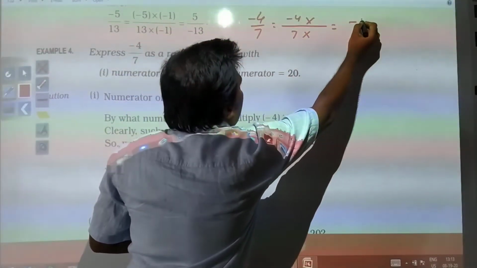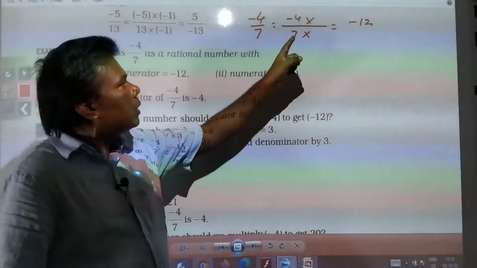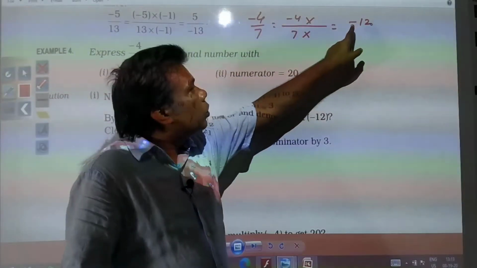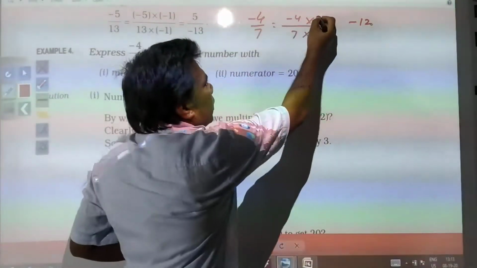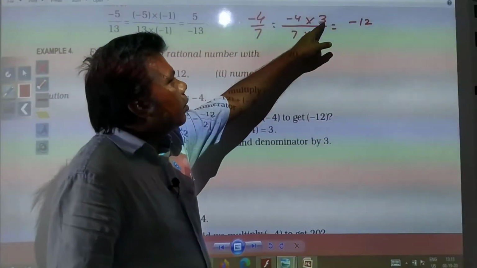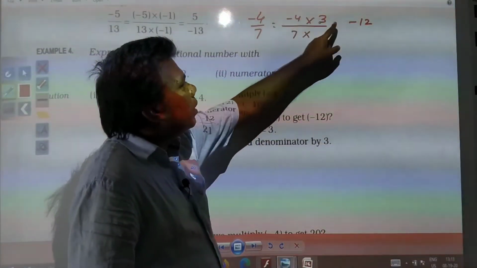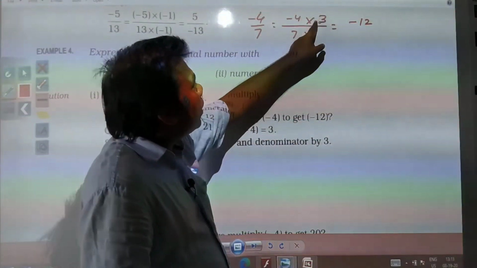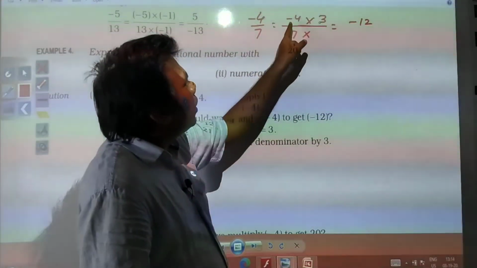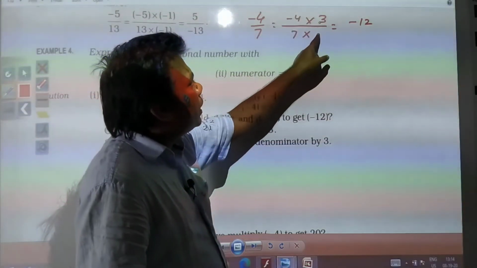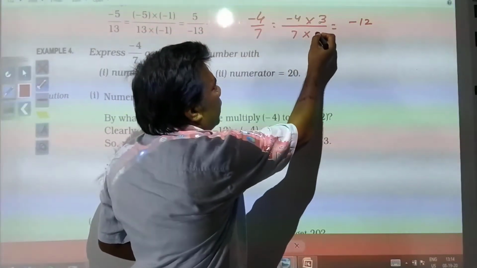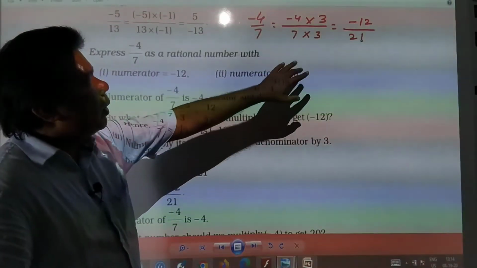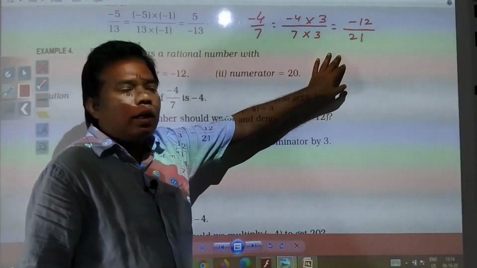We need to see by which number this will be multiplied so that we will get minus 12. 4 threes are 12, and this should be plus 3, because minus into plus will be minus. So 3 is required to be multiplied. If you multiply by 3 in the numerator, the same number is required to be multiplied with the denominator also. So you will get 21. So minus 12 by 21 will be your answer.